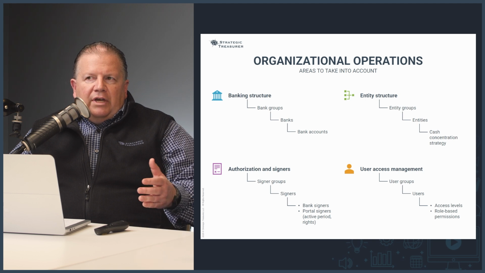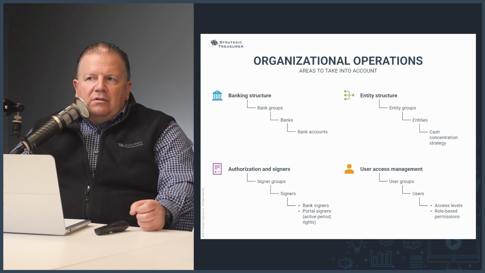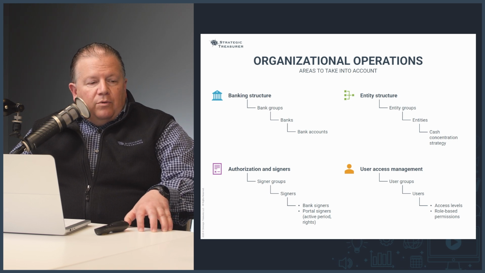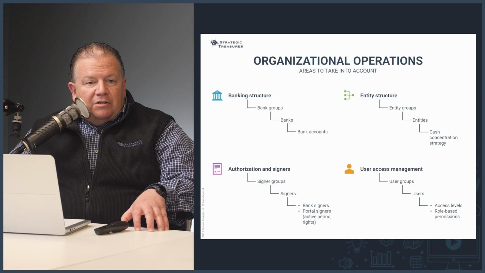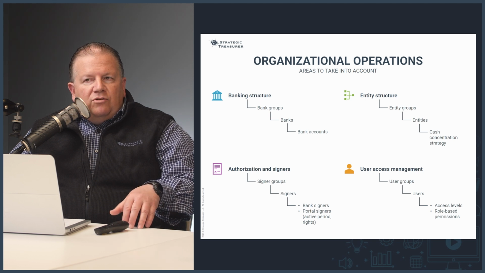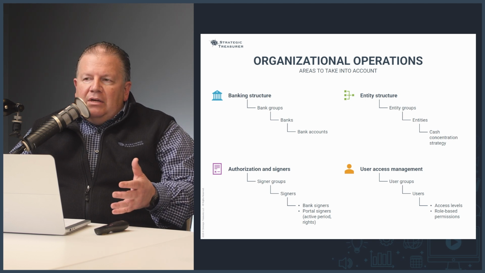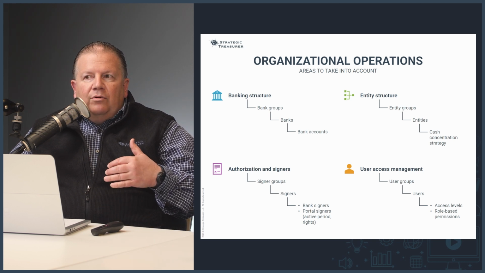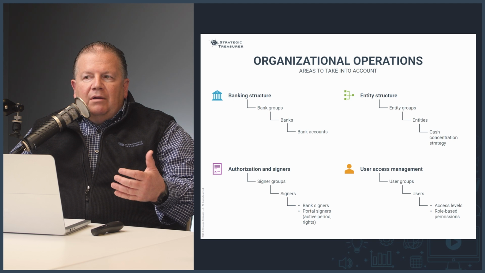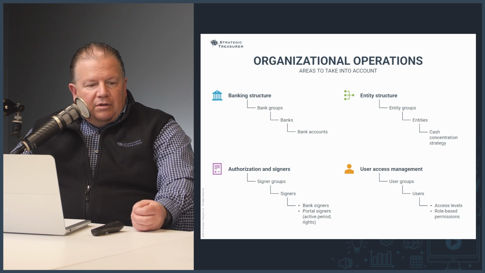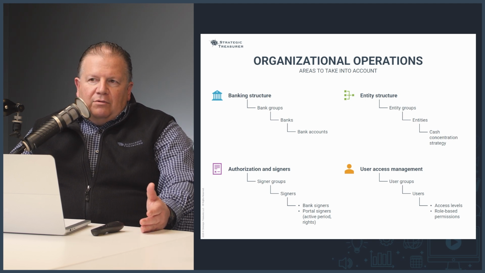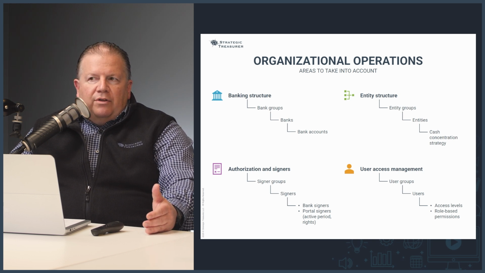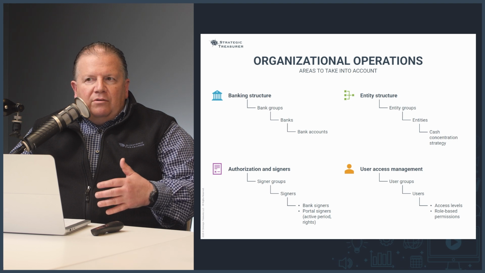I think the other piece too, when you look at how you cover these accounts, is whether you're using a bank portal, which you'll use bank portals, whether you're using a treasury management system or a treasury visibility tool, you're setting these structures up. And you have to contemplate that activity. And so when you have to contemplate that, what does that mean? Can you put things in groups? Accounts obviously relate to entities, and entities might relate to super entities or other entity groups. Same thing with bank accounts relate to banks.